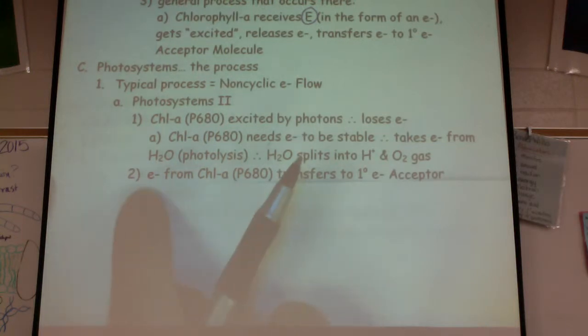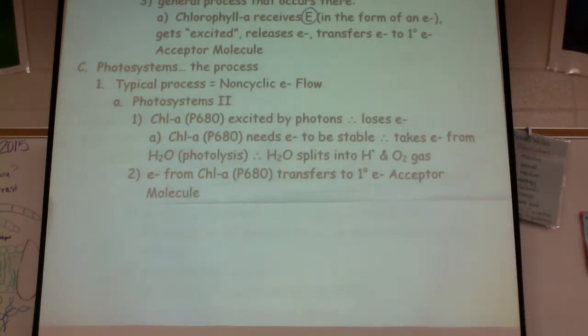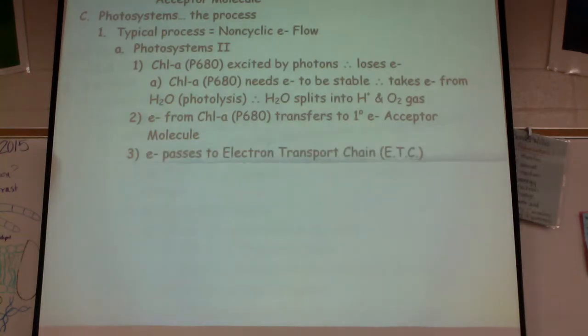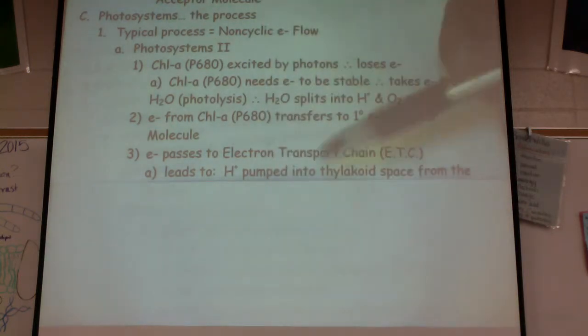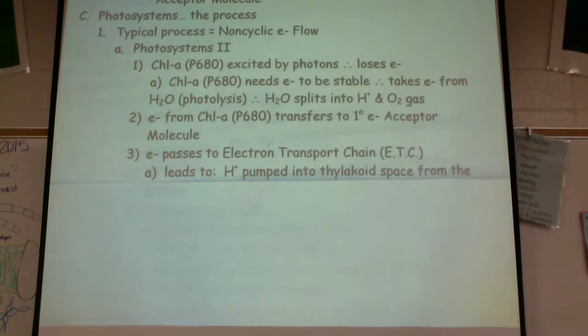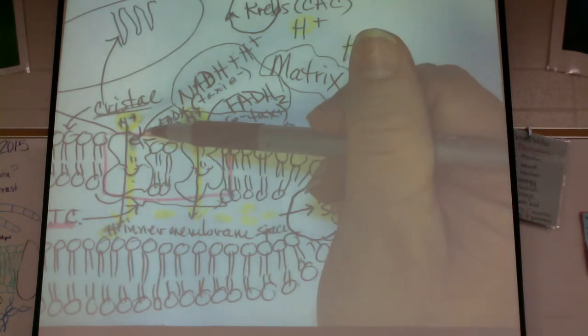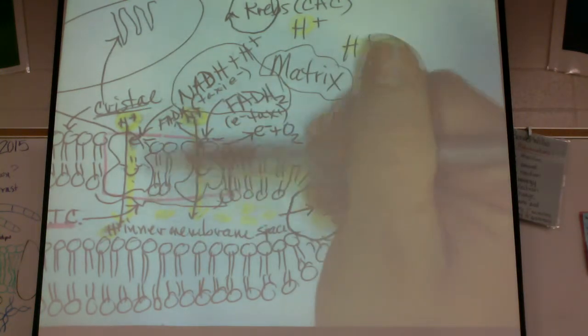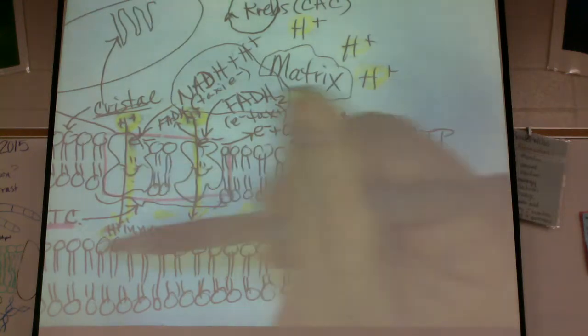So the electrons, right, get transferred to the primary electron acceptor molecule. Then it passes to an electron transport chain, which just means a chunk of proteins in the membrane that pass it along. When that happens, just like in aerobic cellular respiration, remember how in electron transport chains those proteins get excited? When these little proteins get all excited with some electrons, they start pumping hydrogen ions into this itty-bitty living space.